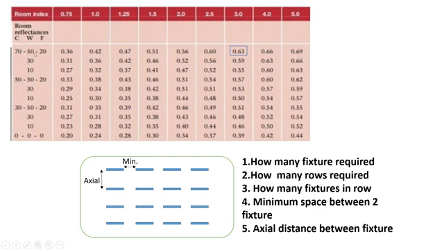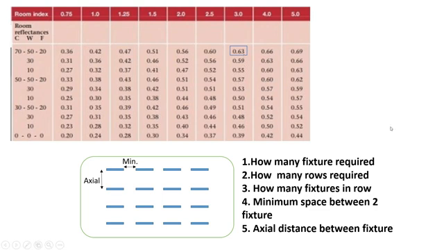We select this correction factor based on our lamp reflection factors. It is also given in the data sheet of the lamp. So with 70 50 20 and 3, coordinating these two values, we get the CU, coefficient of utilization factor, as 0.63. We need to put this 0.63 into our formula.